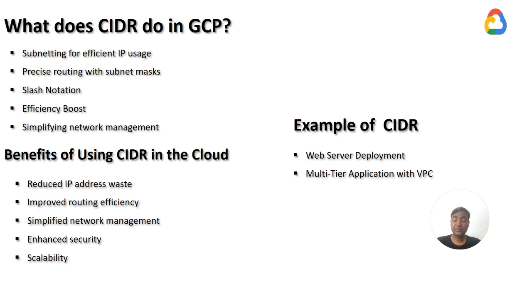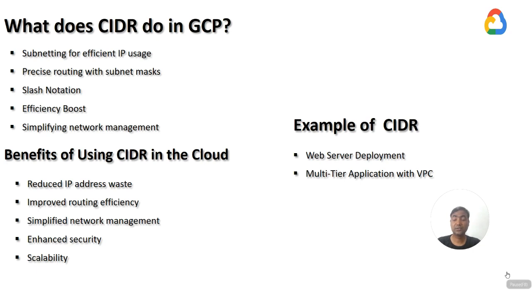CIDR uses a notation system combining the network address with a subnet mask. This mask clearly defines the range of IP addresses within a subnet, like labeling each cake slice with its specific range of flavors.